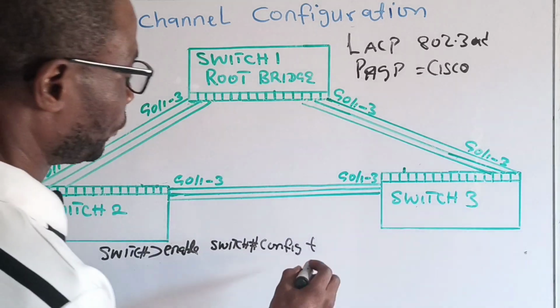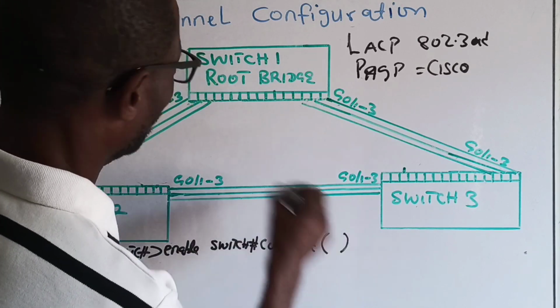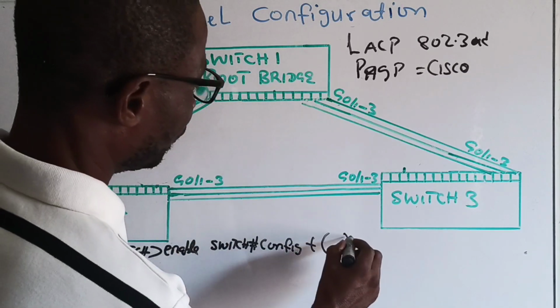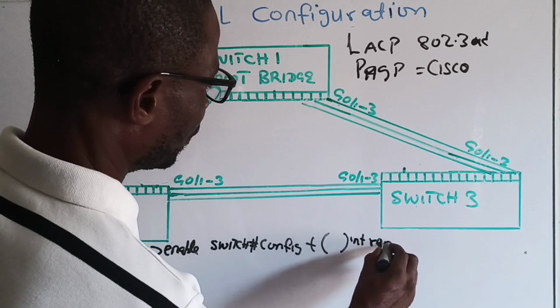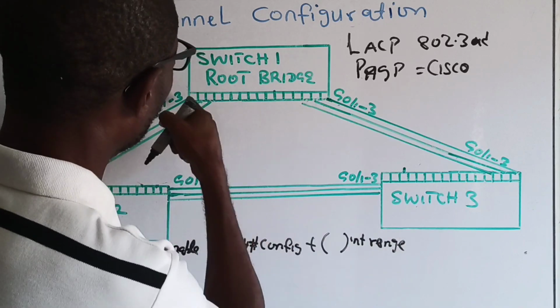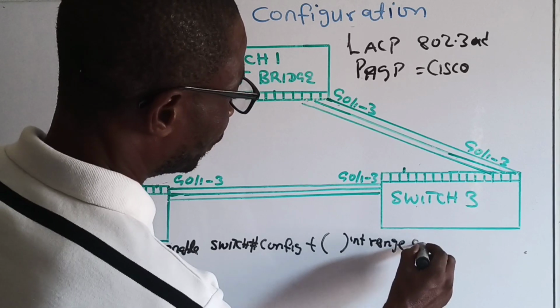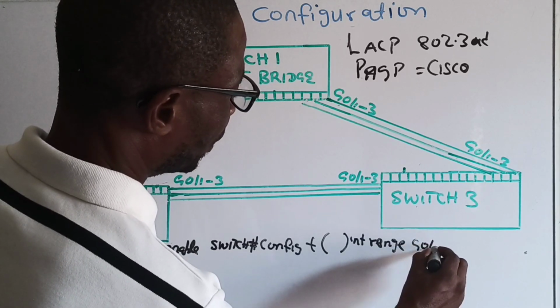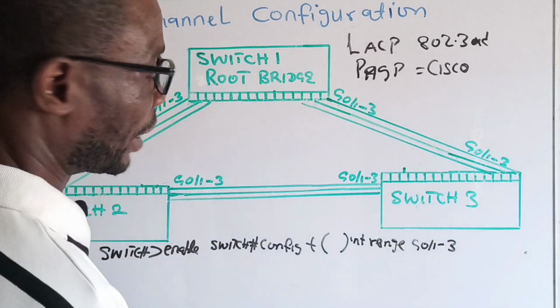You hit enter, you are now in global configuration mode. Now interface range on these interfaces. You have about 3 ports, that is gigabit 0/1 to 3. You hit enter.